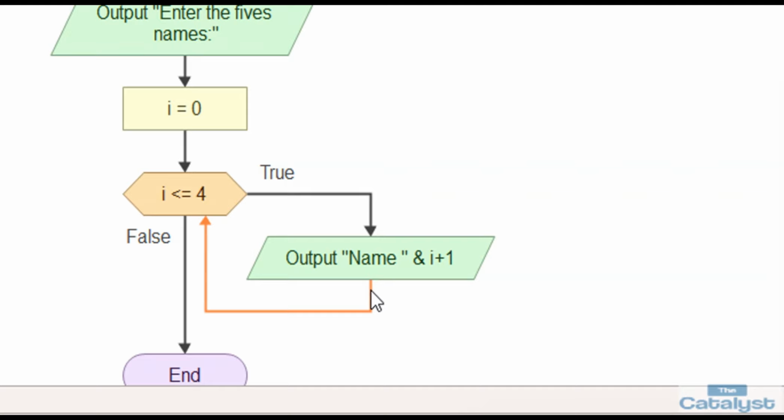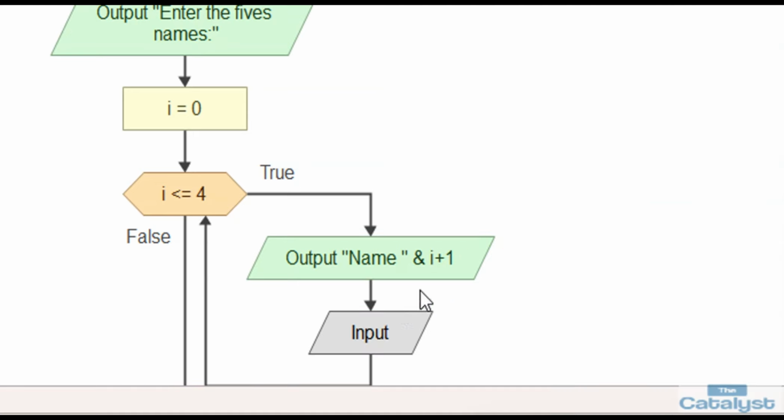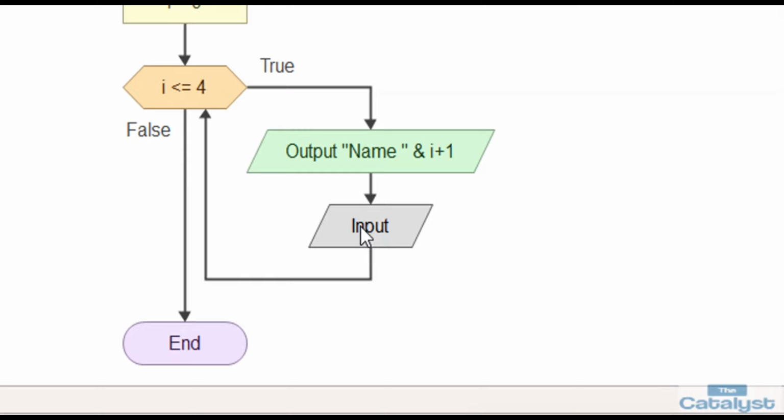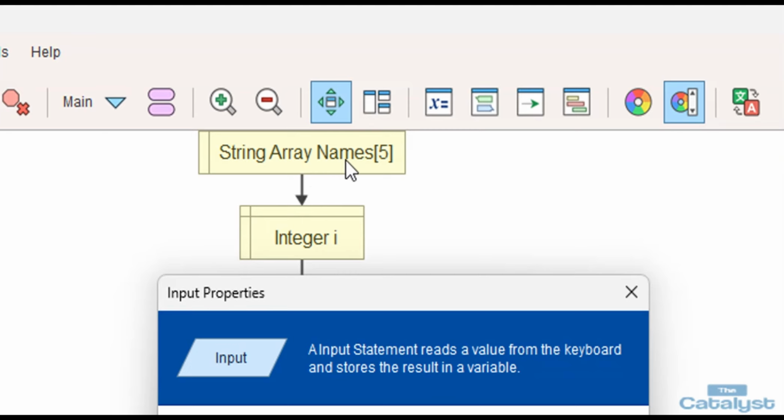So the next thing we'll do is, once the user enters the first name, we'll store that name into our array, and in this case our array is called names.